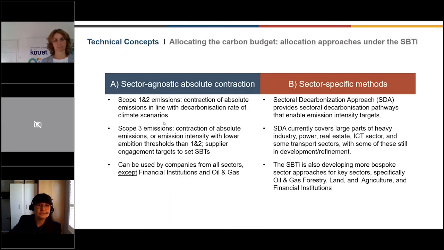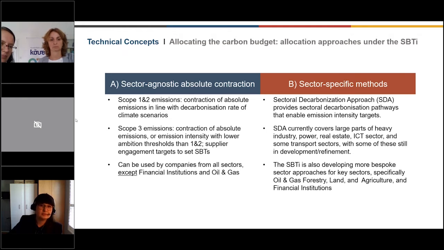So there's two main ways to allocate this carbon budget according to each company. The first option is the sector agnostic absolute contraction method, which generally applies to most sectors except financial institutions and oil and gas, as there's specific sector developments underway that I'll touch on in the upcoming slides.